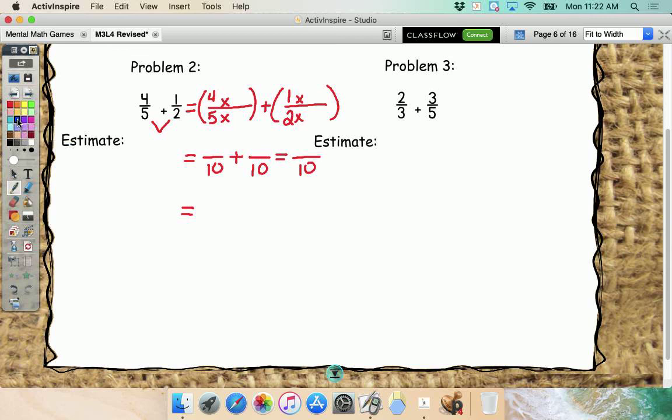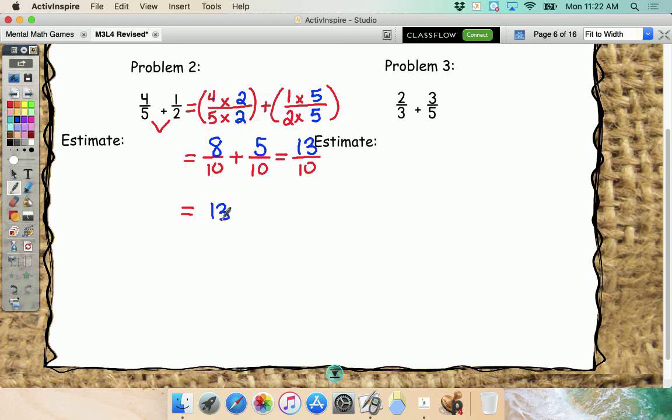All right, table 5. What do I multiply 4/5 times? 2. And table 3. What do I multiply 1/2 times? 5. So 4 times 2 and 1 times 5.